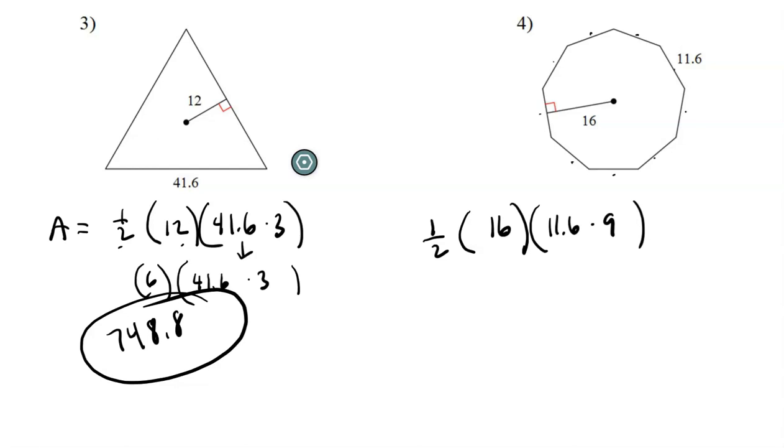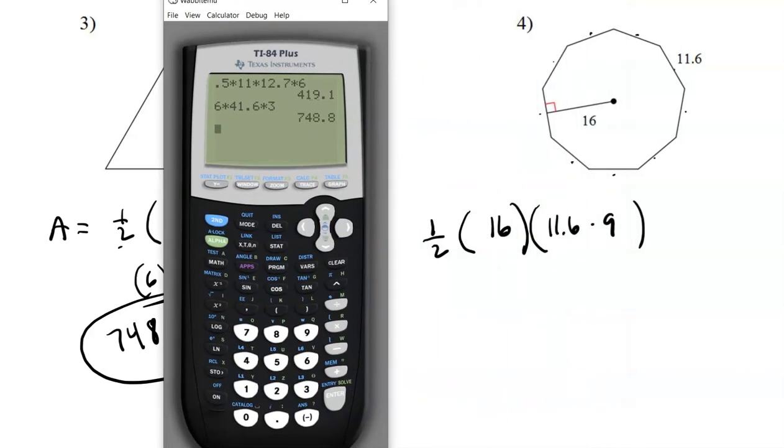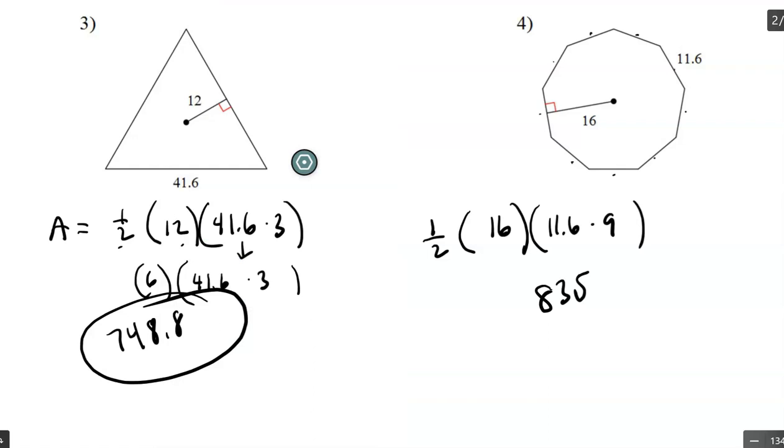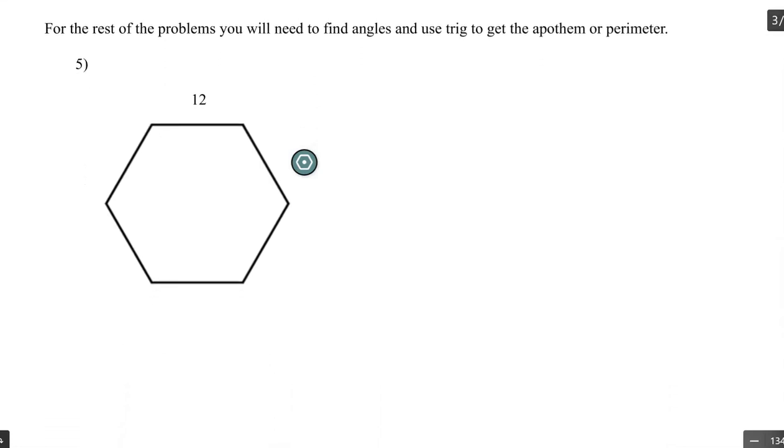So let's just cheat and go straight to the calculator for this one. So 0.5 times 16 times 11.6 times 9 equals 835.2. All right, so far it's just plug and chug. Just putting numbers in the formula.